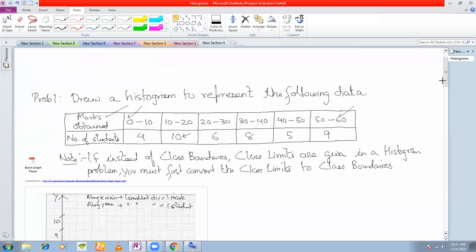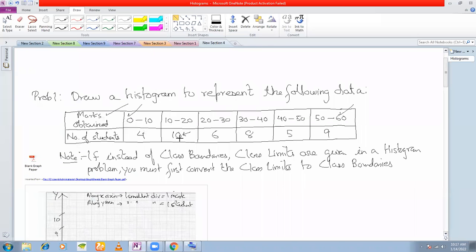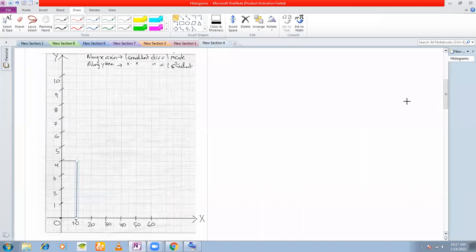Now the next rectangle will be for 10 to 20. For 10 to 20, the frequency is 10. So from here you start, this is your 10 to 20, and you join this with this rectangle, and here you drop a perpendicular with the help of a scale. Clear with this?